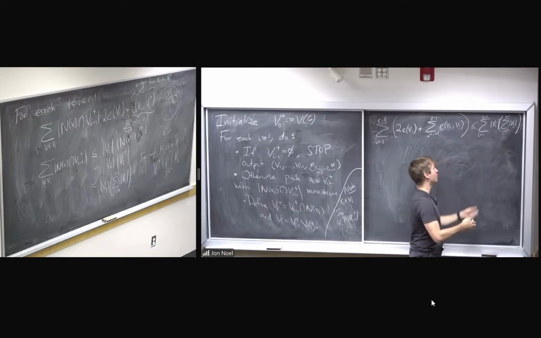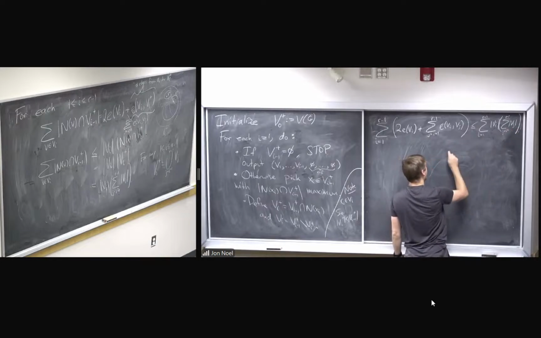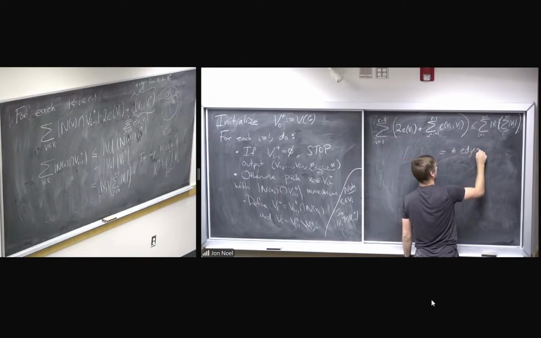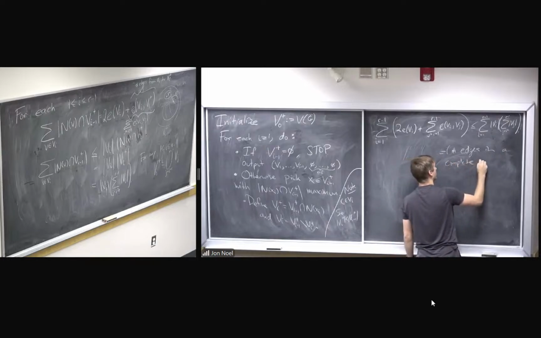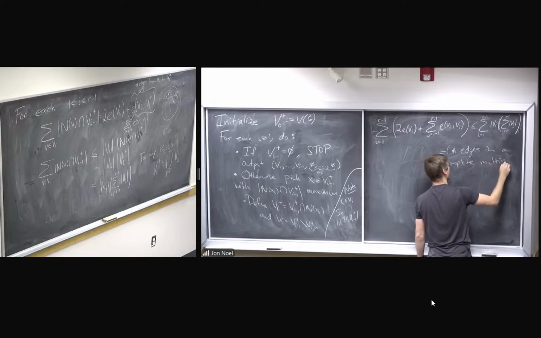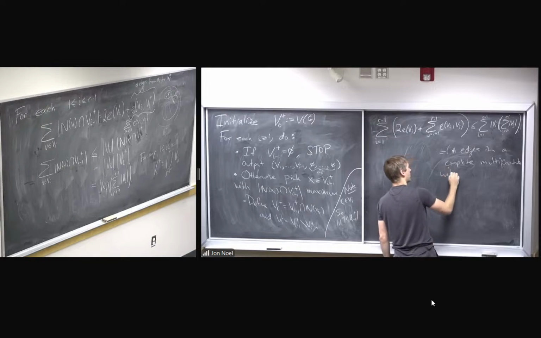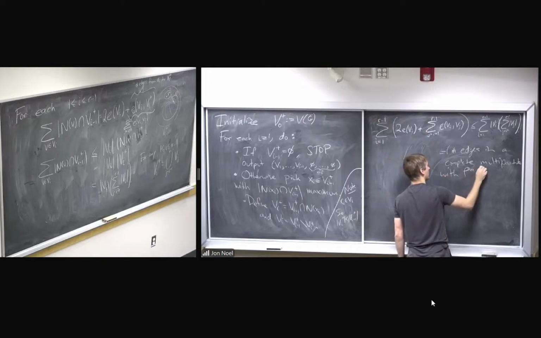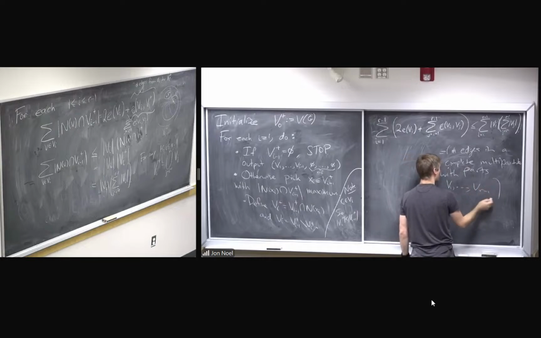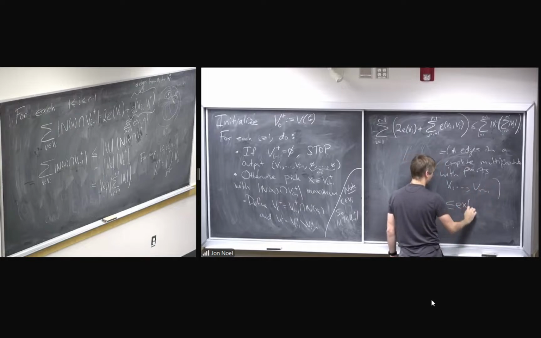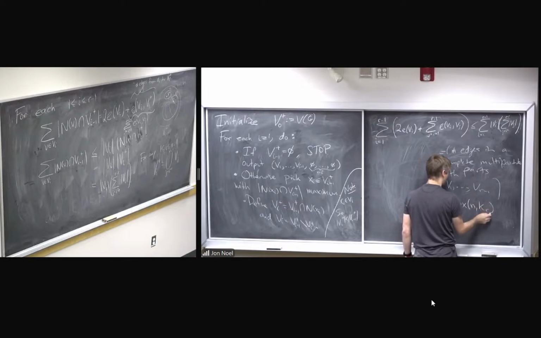So this right-hand side is equal to the number of edges in a complete multipartite graph with parts V1 up to Vr minus 1, which is at most the extremal number of Kr.